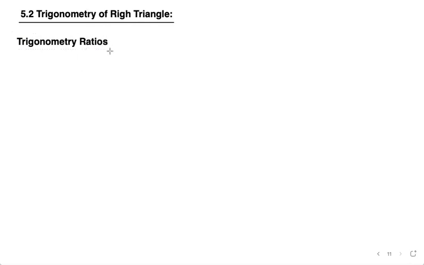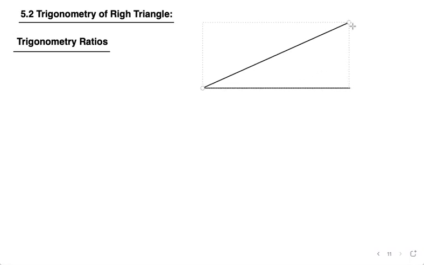So suppose I have a right triangle. Here is my triangle. This side, have another side. The last one is like this. This is a right triangle. Why? Because the angle here is 90 degrees. This angle is 90 degrees, and this angle is an acute angle theta.